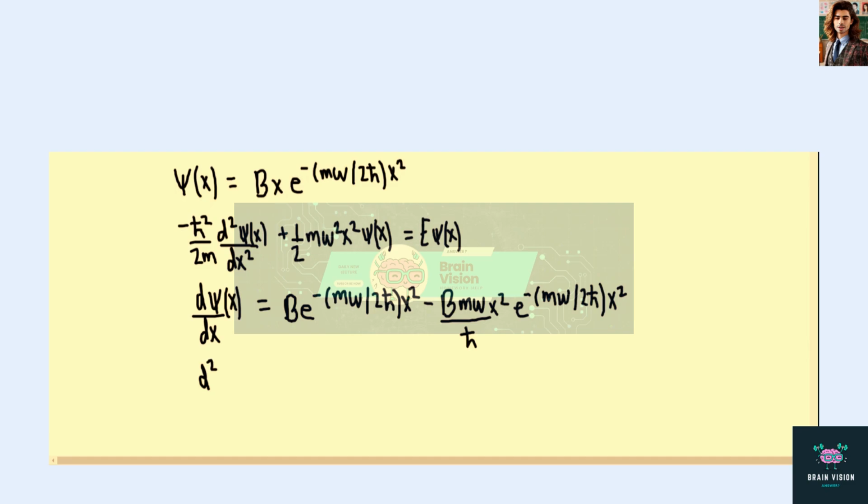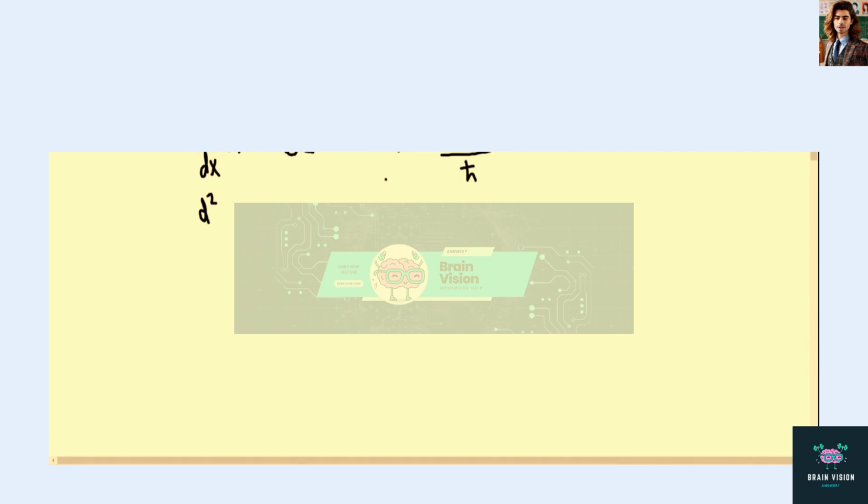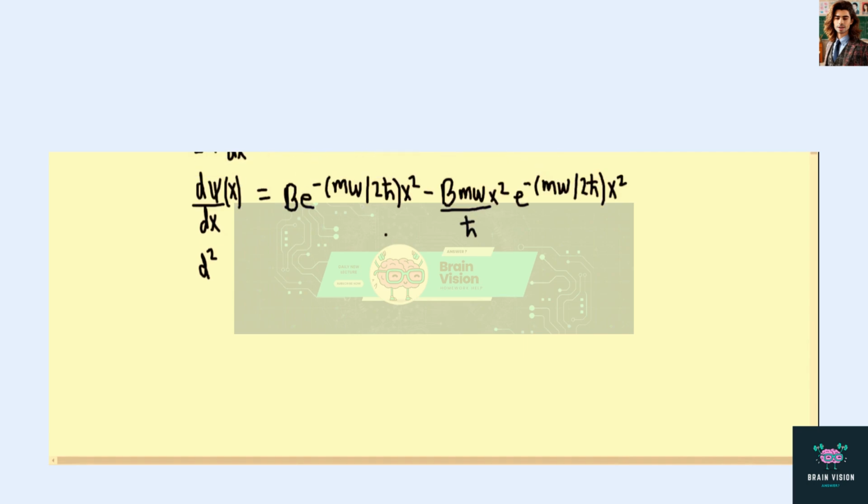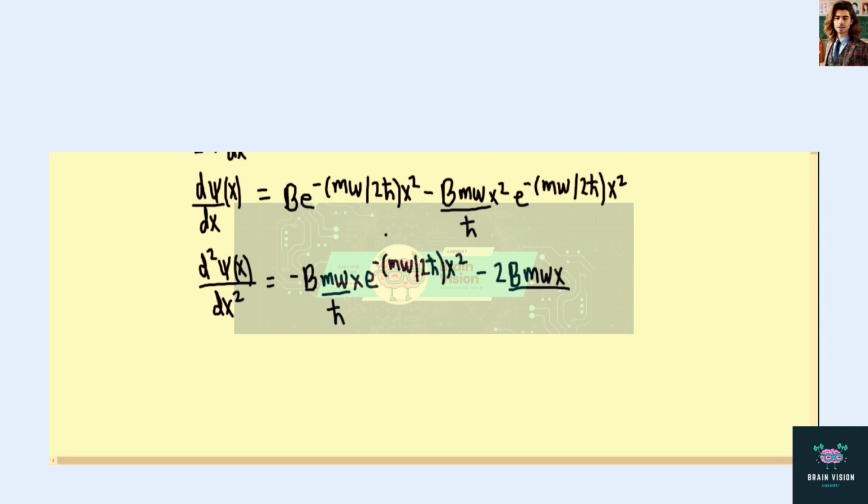Next, we take the second derivative, and from this, we're going to end up with more than two terms. We're going to have actually three. So the first term here is from the first term in the first derivative, but the second term in the first derivative gives us two terms.